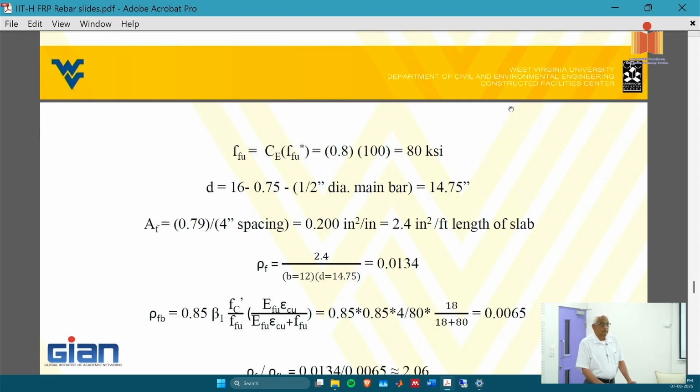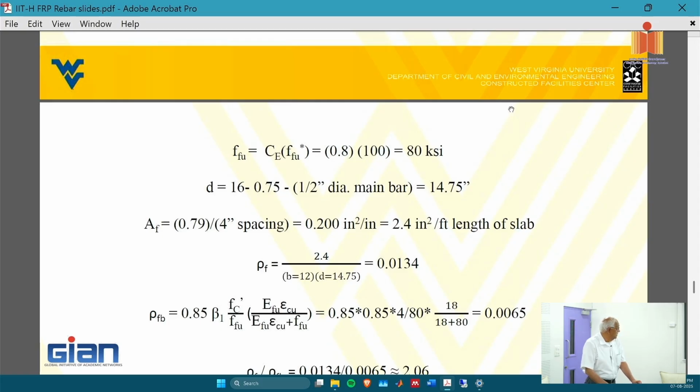Again, the drill is the same. f_fu is 80 ksi or 85 ksi depending on 0.8 or 0.85. The effective depth is clear cover minus half the bar diameter, 14.75. And the rho_f.